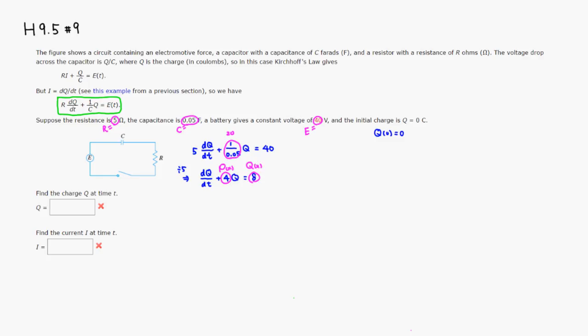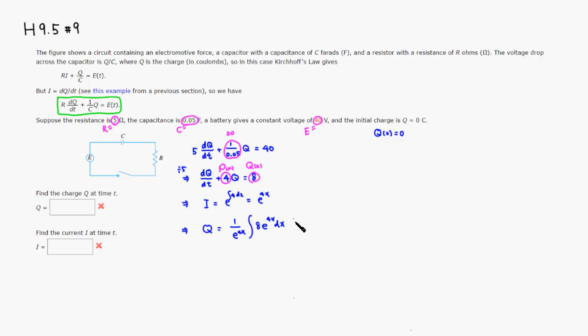So we can find the integrating factor I, which is e to the integral of 4 dx, so it's going to be e to the 4x. Then we can find a solution Q, which is 1 over I, which is e to the 4x, times the integral of the right hand side, 8, times I, e to the 4x dx.